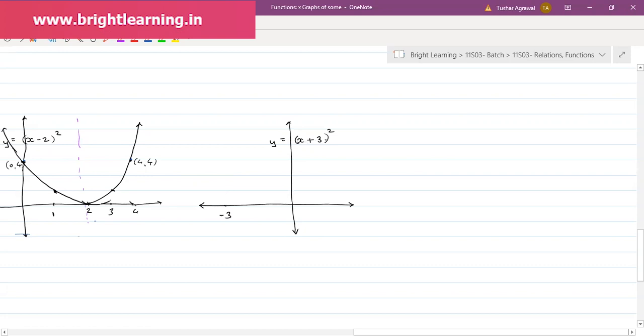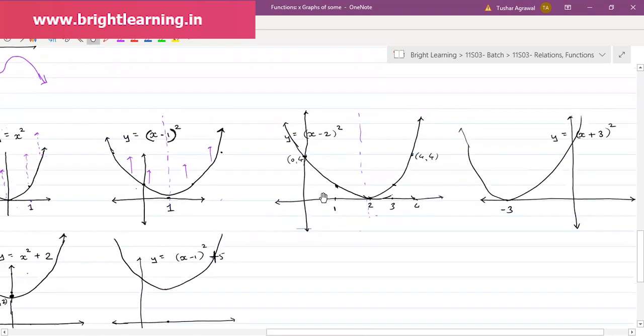Don't read this as x plus 3. Instead, read it as x minus of minus 3. So the bottom of the hill will be negative 3 and the same graph will be shifted leftwards 3 centimeters. This original graph of x square will be shifted leftwards 3 centimeters.